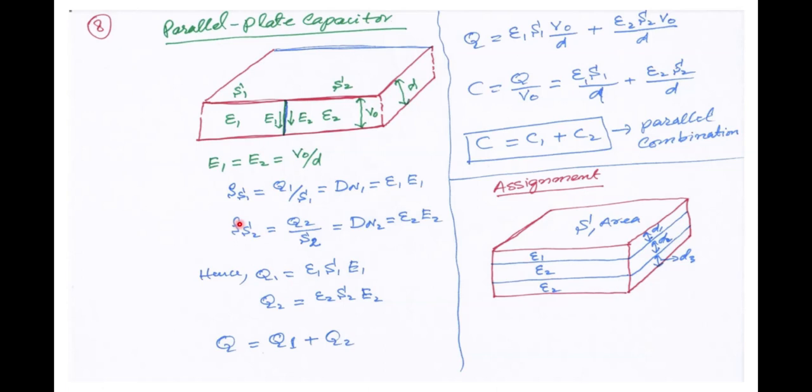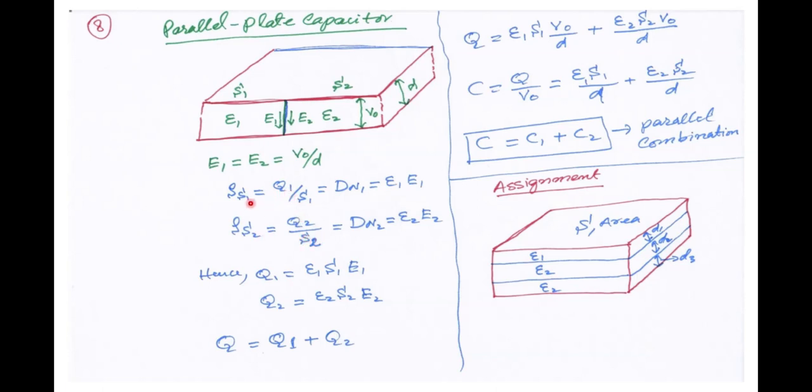Similarly, the surface charge density in the S2 area is equal to D N2, where D N2 is equal to epsilon 2 times E2. As we know, rho S1 is equal to Q1 divided by S1, where S1 represents the area occupied by dielectric material 1, and S2 represents the area occupied by material 2.